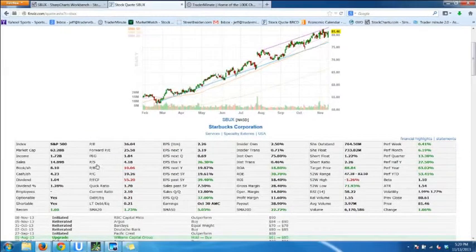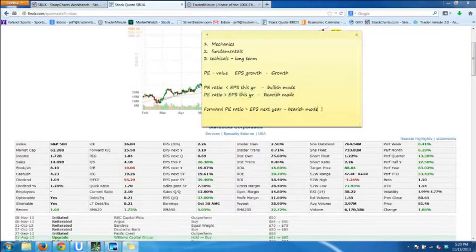Now, we did this comparison with the current PE and the earnings per share this year. Fine. I could care less about those two numbers. What I want to do is look at next year. The market's forward looking. What's happened is past.